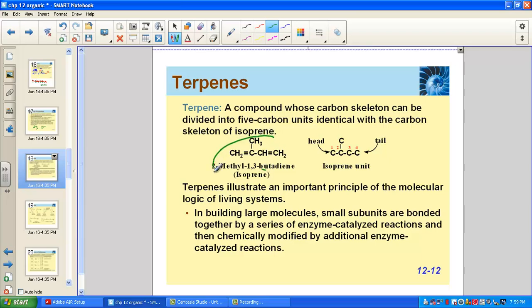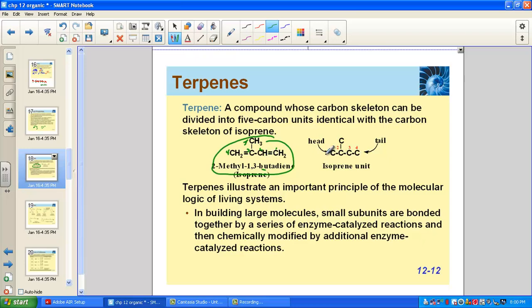Isoprene is this structure right here. It's a 5-carbon unit: 1, 2, 3, 4, 5. Now you can see how they got the term iso, because this tail here is branched. A 5-carbon unit that contains a diene.